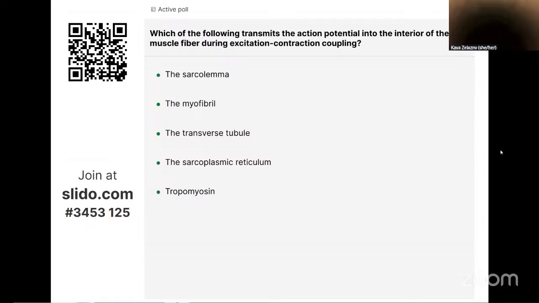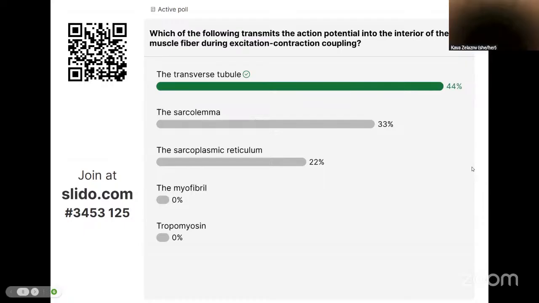So each one is the one that we were just saying moves the action potential down into the muscle fiber. Okay, yeah, that is the transverse tubule.